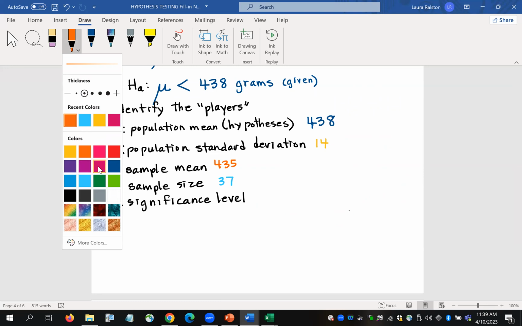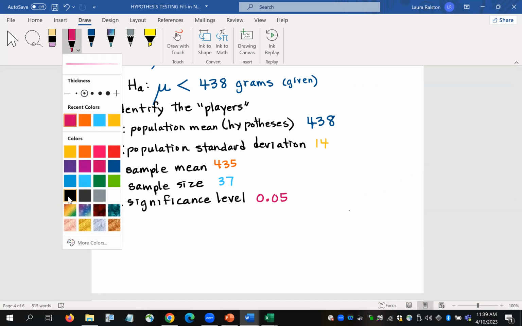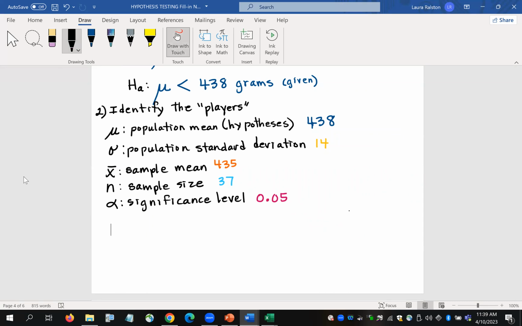And my significance level is 0.05. All of those numbers come directly from the story, and they're usually pretty straightforward, so there's not a lot of guesswork.